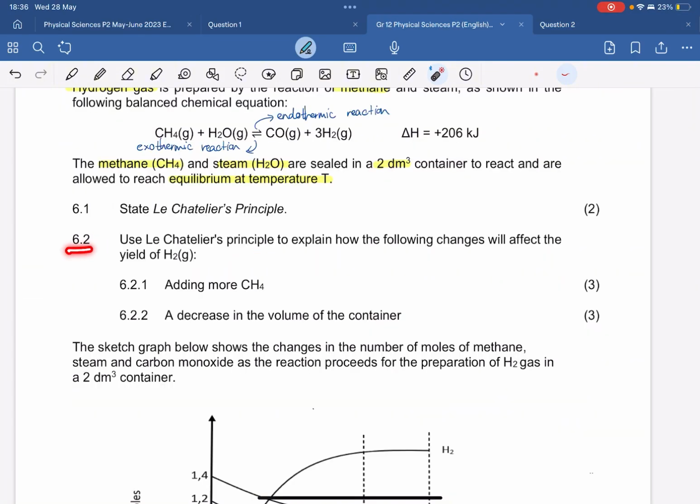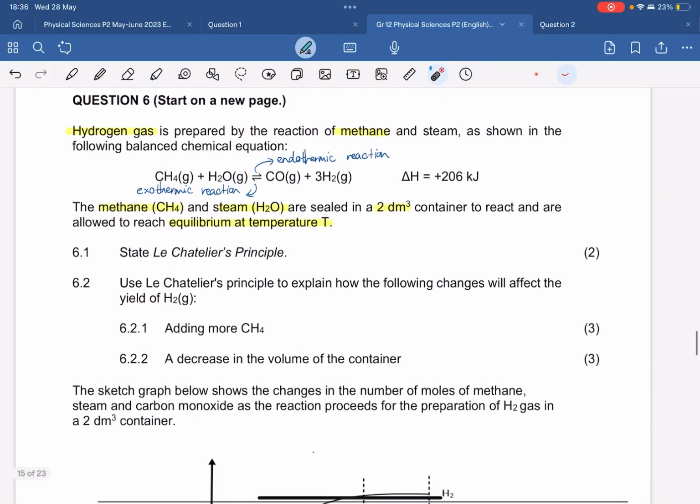6.2 then is asking us to use Le Chatelier's principle to explain how the following changes will affect the yield of hydrogen gas, right? So we've got the chemical reaction there.